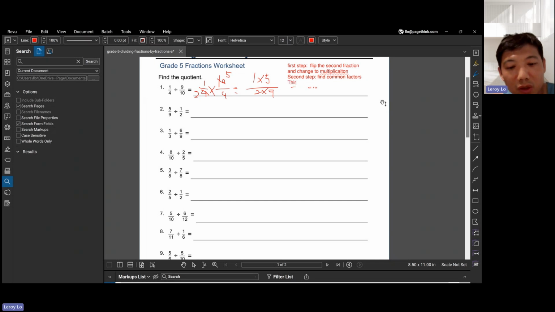And third, you multiply the top two numbers, and also separately multiply the bottom two numbers.